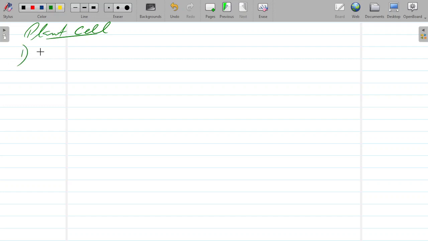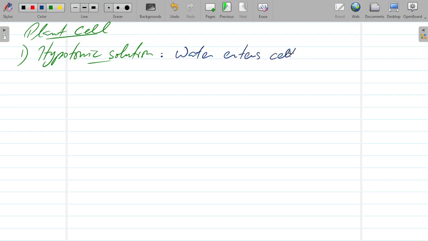Yes, it does play a role. You're putting a plant cell in a hypotonic solution. Again, that means it has a higher water potential on the outside, right? And so water enters the cell, in particular the vacuole.